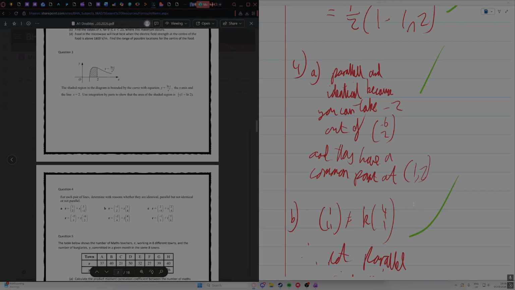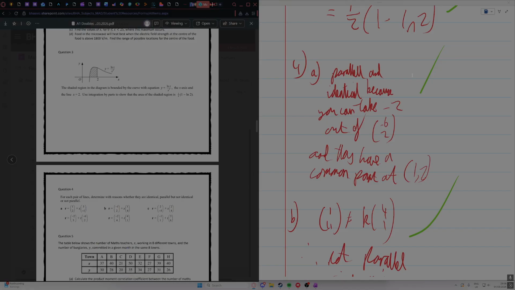But firstly, to prove that it's identical, we first have to prove that it's parallel. And then if there's also a common point, then it will be identical. If it's parallel but there's no common point, they're not identical because they're just going to be moving at the same rate of change, but at different points, if you kind of get what I mean.